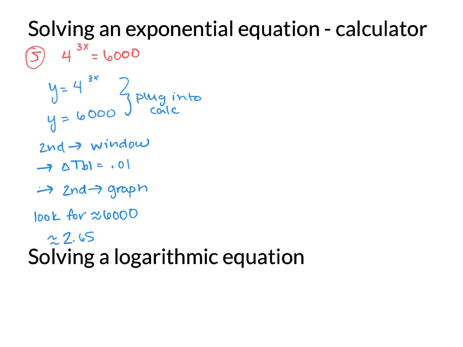Approximately 2.65. And if we check it, we could do 4 to the power of 3 times 2.65. That should give us a little bit over 6,000. Okay, that way arguably is longer, but you can just use your calculator for it.